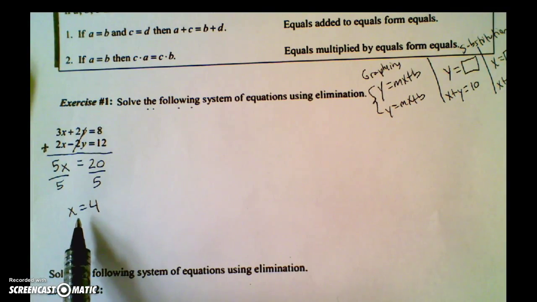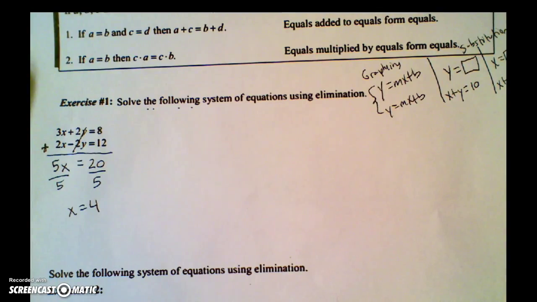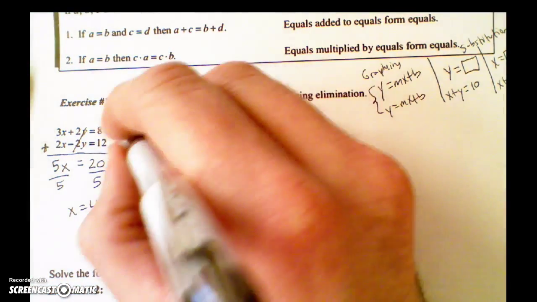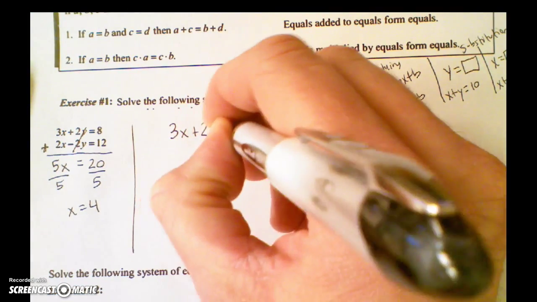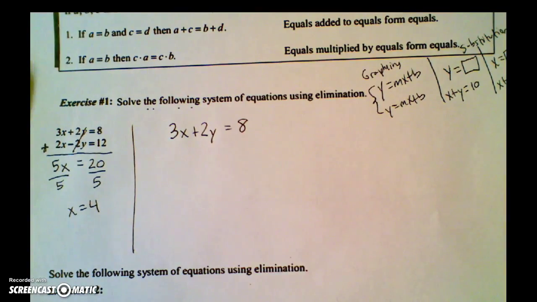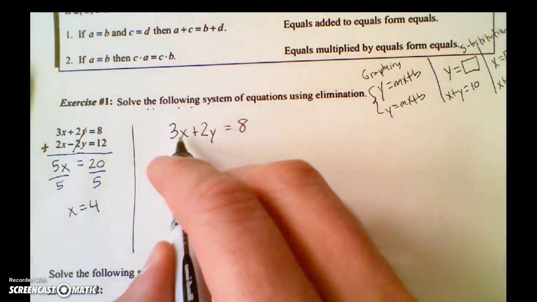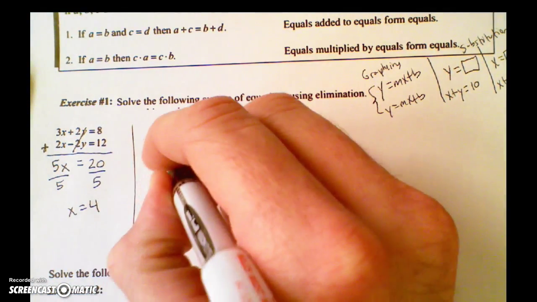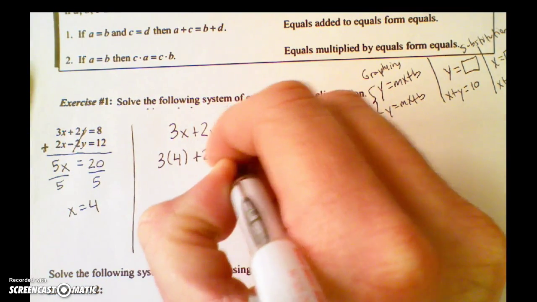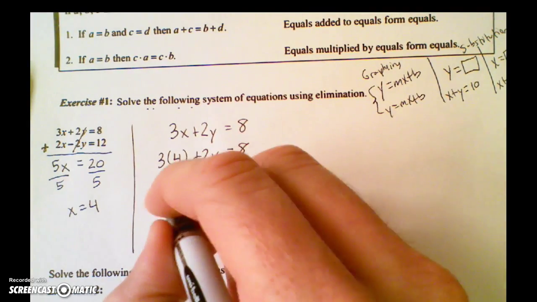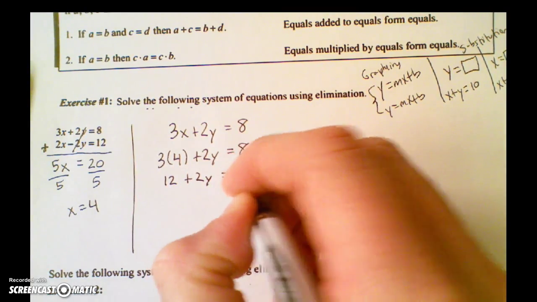So now you take your x variable, and you plug it into either equation and solve for y. So I'm going to just use the first equation, which was 3x plus 2y equals 8. Here it's telling me that x equals 4, so I'm going to plug in by substituting, replacing the x with 4, and then solving for y. 3 times 4 is 12, plus 2y equals 8.